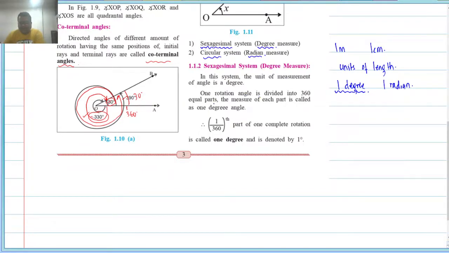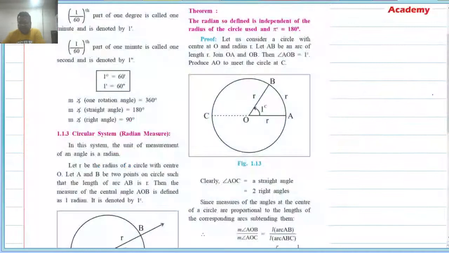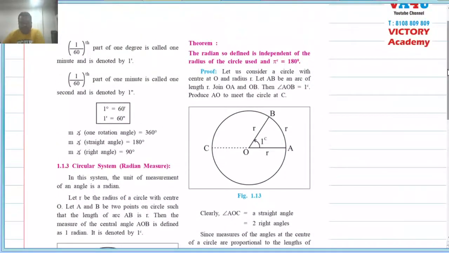Now, what does he say? One rotation angle is divided into 360 equal parts. So you have one rotation angle like this. This is 360 degrees, and that is divided into 360 equal parts, and 1 upon 360th of one rotation is 1 degree. Then 1 upon 60th part of 1 degree is called 1 minute.